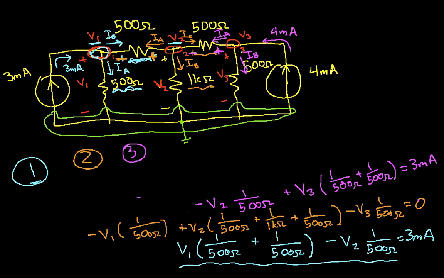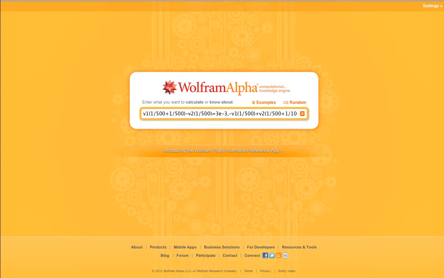You'll notice that this current here is 4 milliamps, not 3 milliamps. That could have been tragic. So I don't know what I was thinking there, but it clearly wasn't right. So let's type in our last equation.